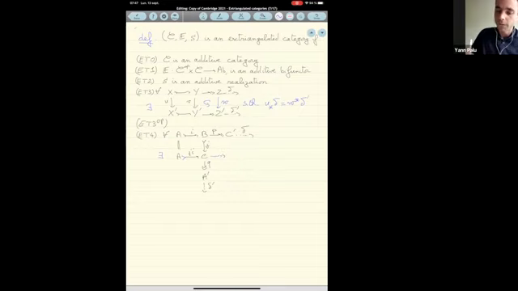So there exists a B prime here, and X triangles A prime here. Okay, where everything you can notice is a morphism of X triangles.